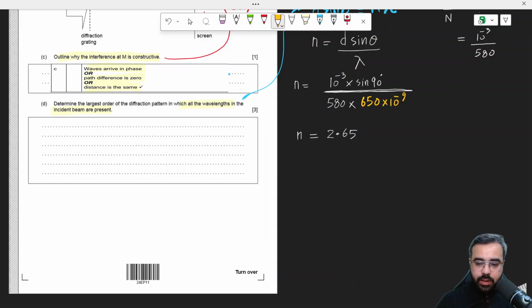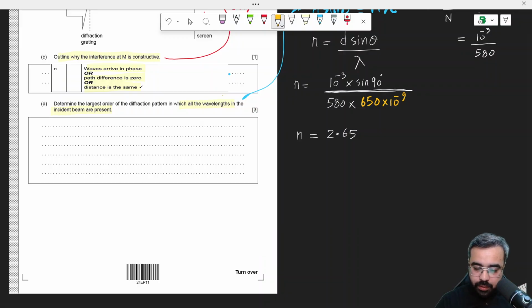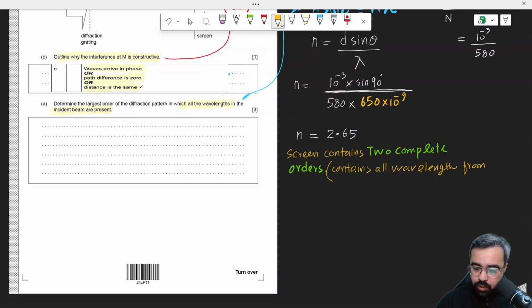Now understanding the meaning of 2.65 is very crucial. It means that, dear students, the diffraction grating screen contains two complete orders. When I say two complete orders, it means it contains all the wavelengths from 550 nanometer to 650 nanometer.